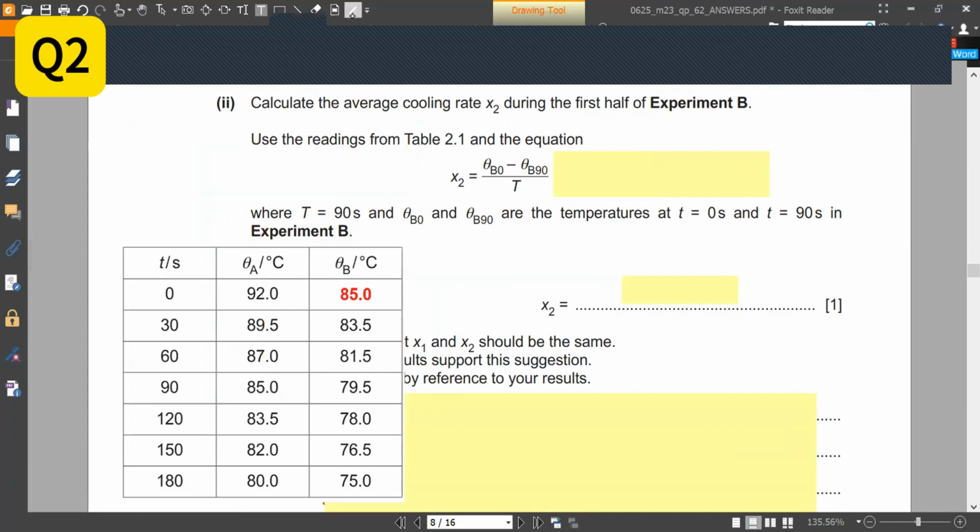For the second calculation, we want the first half of experiment B. First half of experiment B. So the temperature at 0 and the temperature at 90, divided by the time, 90 seconds.